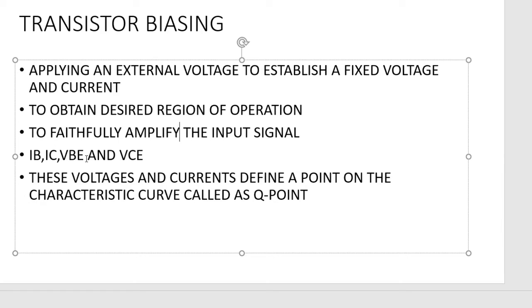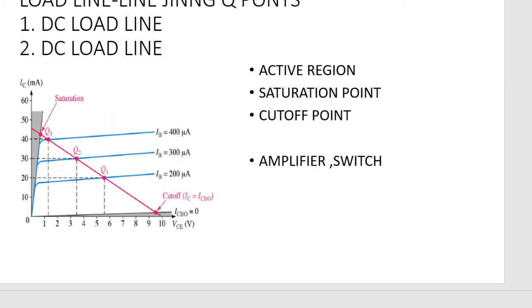If we look at the output characteristic curve of a common emitter transistor amplifier, we plot VCE on the x-axis and the collector current IC on the y-axis.